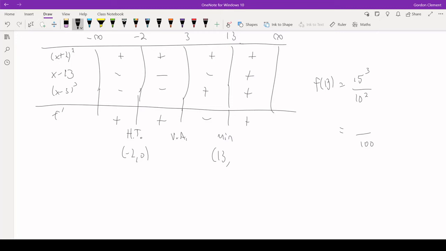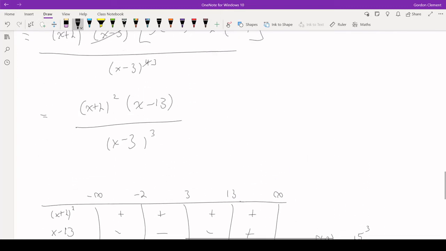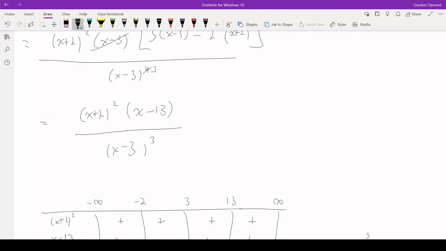Get out my phone. 225 times 15. 3375. And then move the decimal 2 spots. 33.75. And we'll keep in mind that is also a horizontal tangent because it makes the derivative 0. So horizontal tangent minimum there.